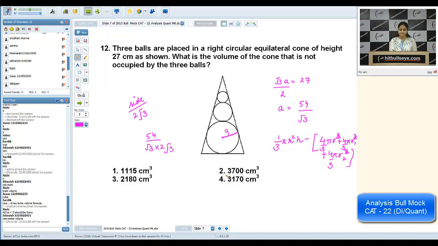So this is 9. Similarly, this is 18 now. This 18 is removed from the complete height.